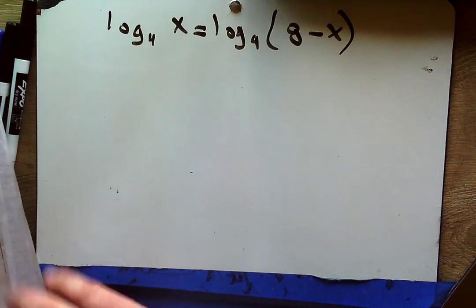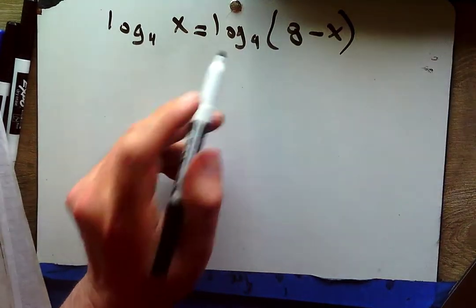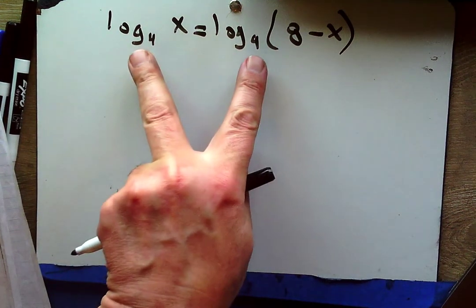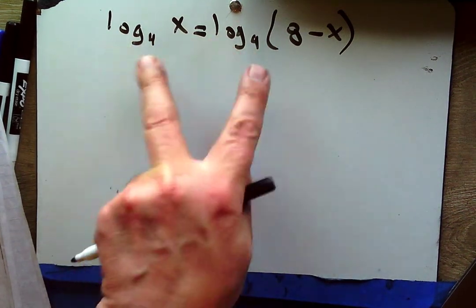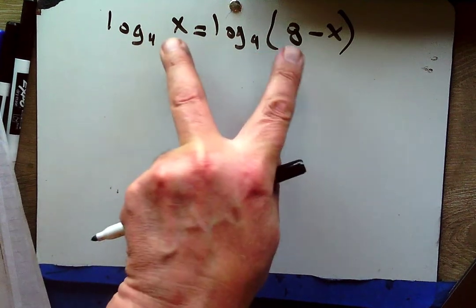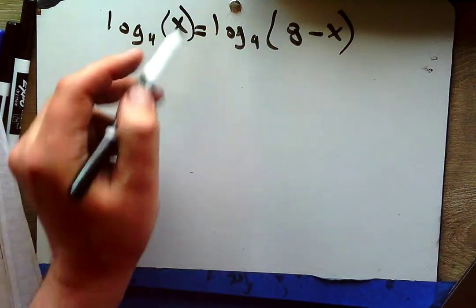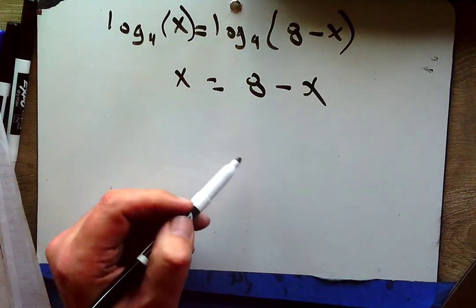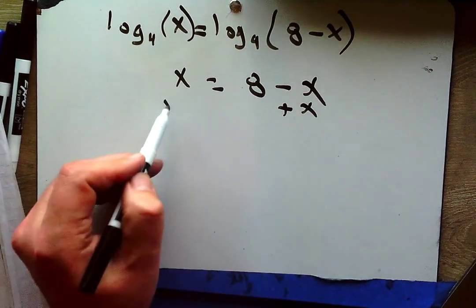Okay. So there are a couple ways we can solve this equation. The book recommends that since these are both logs with the same base, their arguments, the stuff in the parentheses, should be equal. I'm not really fond of that. I mean, it's true.